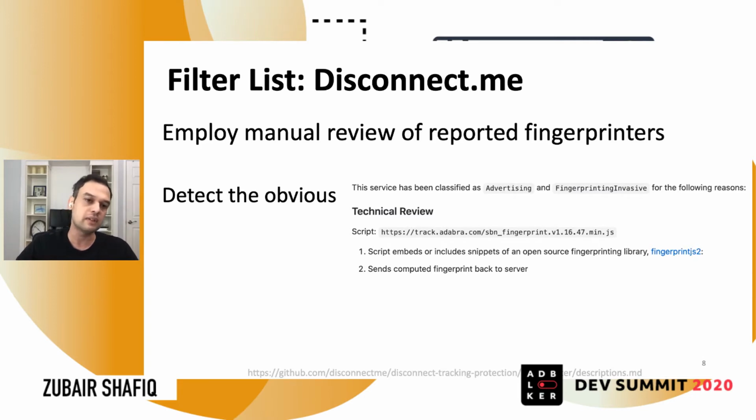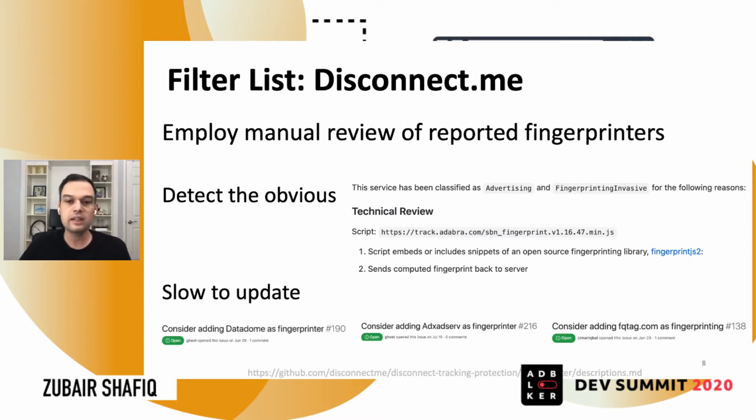They're looking for the obvious. For example, they look at whether this script looks like some of the previously known fingerprinting scripts that they have detected. So if a fingerprinter is doing serious obfuscation, this manual review will not be very effective. And this manual review is also slow, just because it takes time to do this manual analysis rigorously. There's a huge backlog of issues which are reported on Disconnect's Git repo.